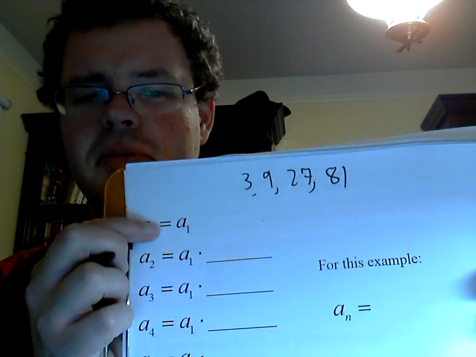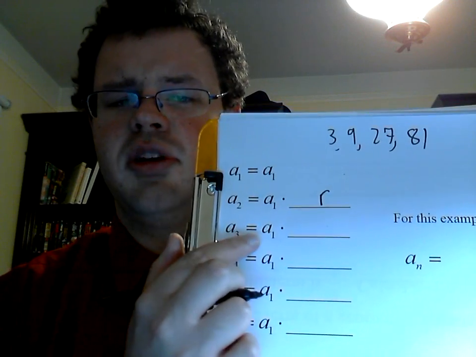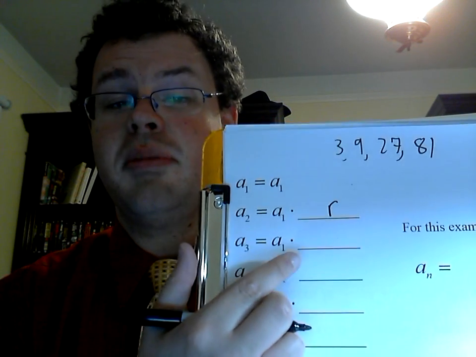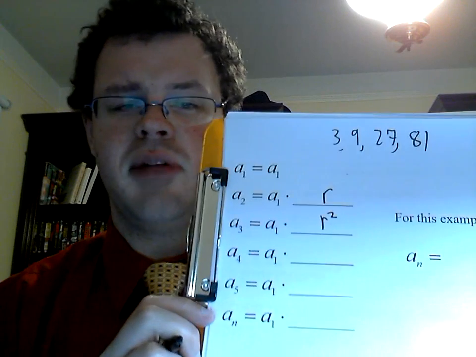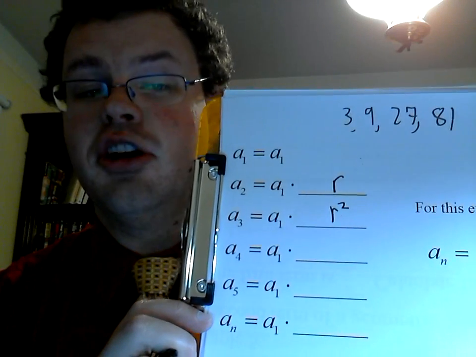You start out with some number, a1. To get to the next one, you multiply by whatever your ratio is, r. To get to the next one, you're going to multiply by r again. So it's like you took a1, multiplied by r again. You multiplied by r squared to get the third term. To get the fourth term, we have a1 times r cubed.